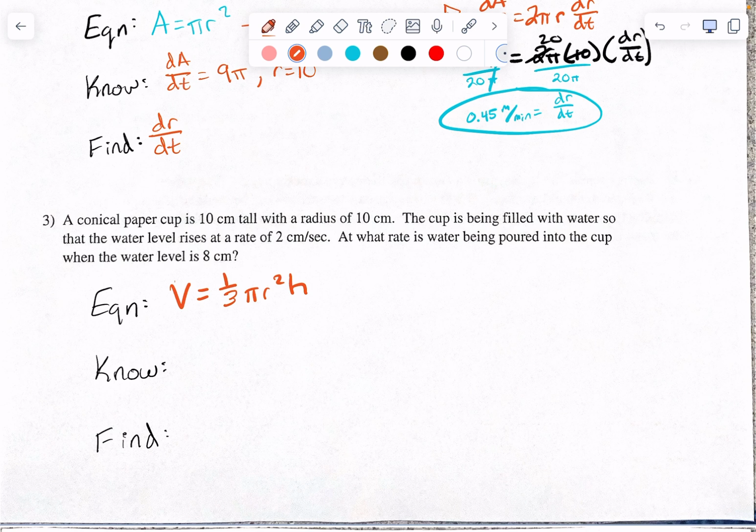Radius is 8. The paper cup is 10 centimeters tall with a radius of 10. Wait, is dV/dt what we're finding? I have to do the product rule.